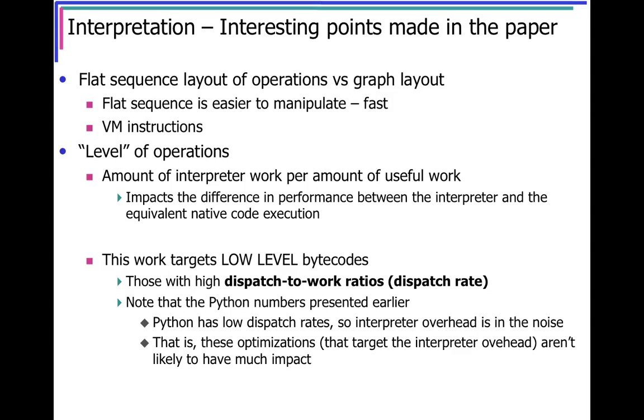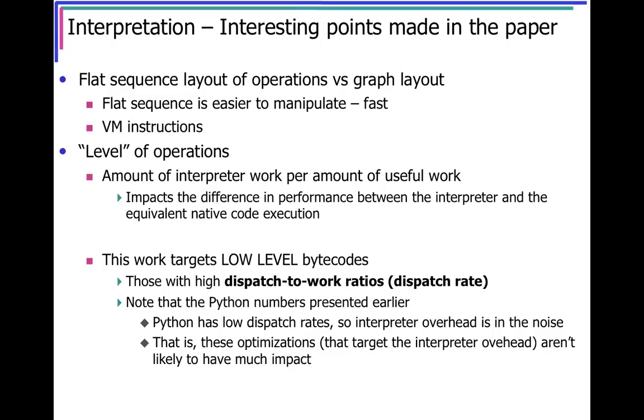For the same instruction in Python, you have to do additional work to figure out what the types are. So therefore, the bytecode is lower level. That is, they describe finer grain operations in Java than they do in Python. Python are more coarse grained.